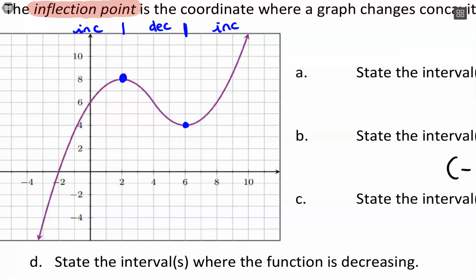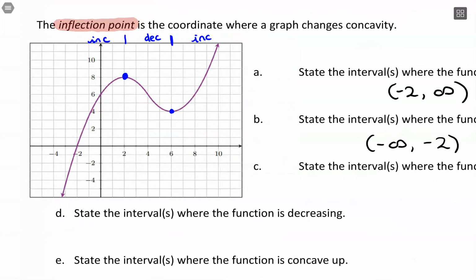So the intervals where my function is increasing is, for x, it's between negative infinity and positive 2, and then positive 6 off to positive infinity. So negative infinity to positive 2 and 6 to positive infinity.